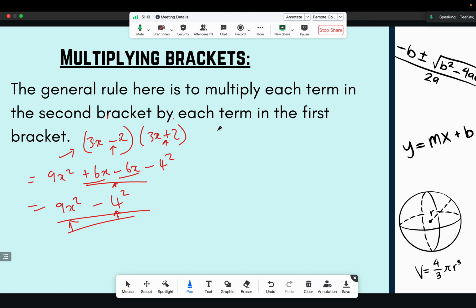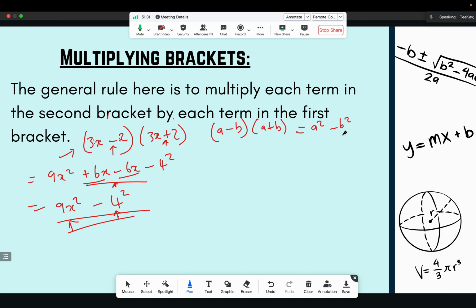So it leads us back to when we say a minus b and a plus b. If you remember, we said it's a squared minus b squared. That's what we said when we talked about this.